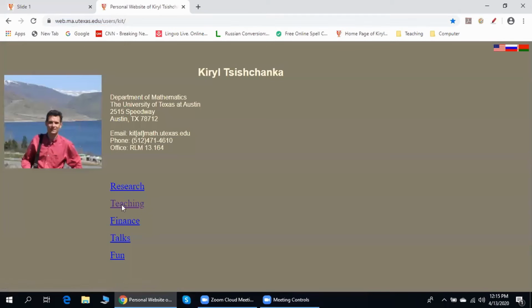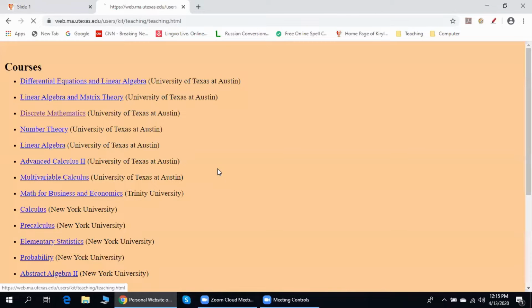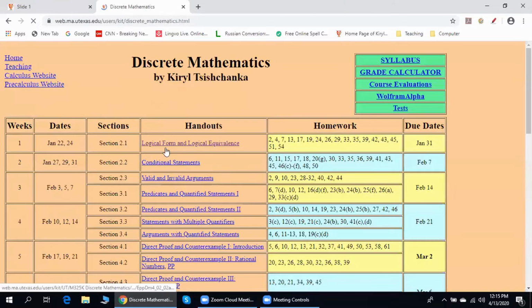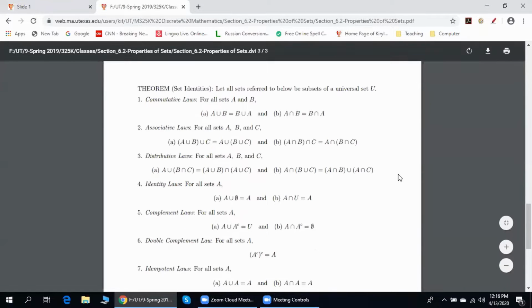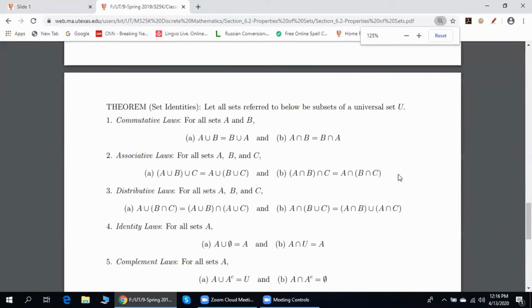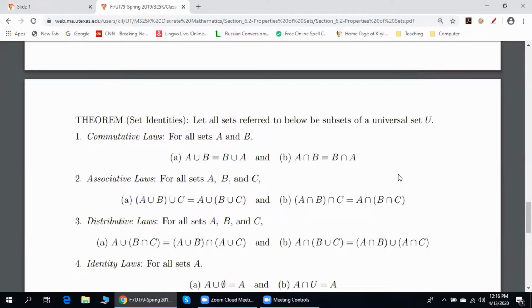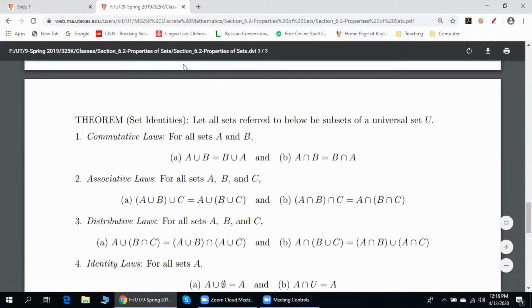And then let us go back to set identities, Section 6.2, this one. So please take a look.